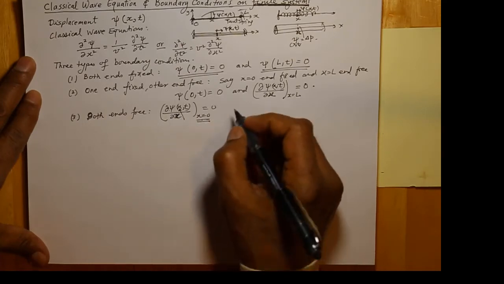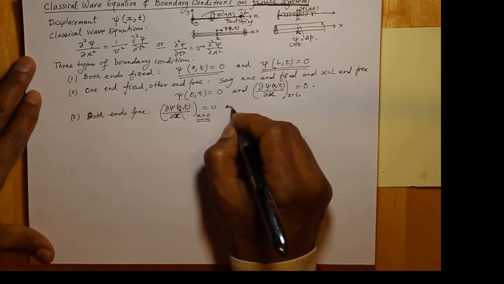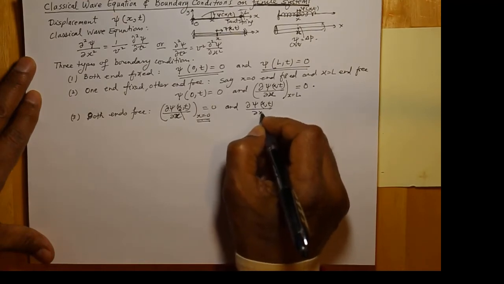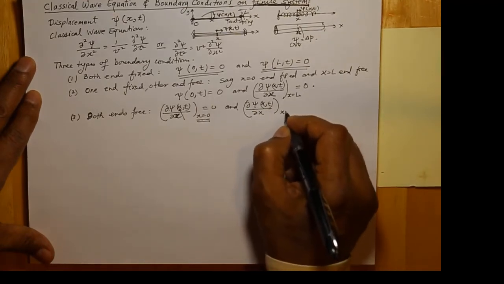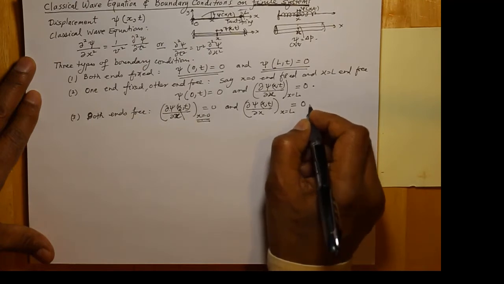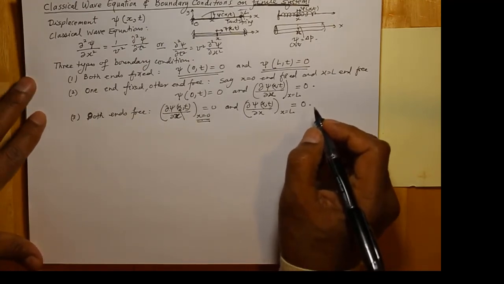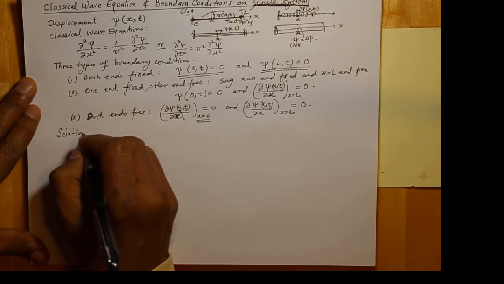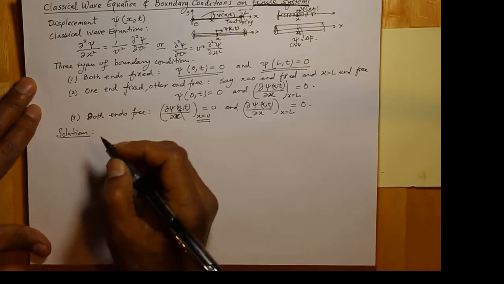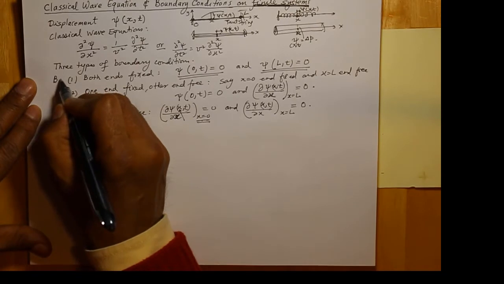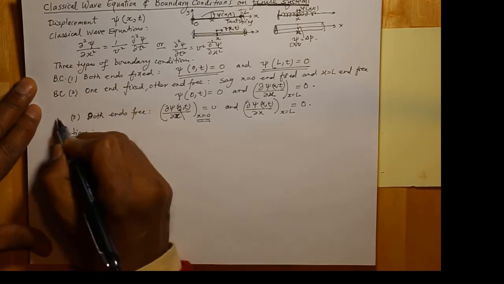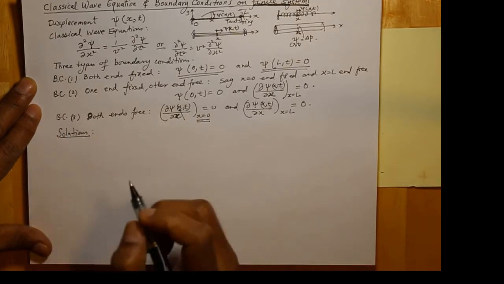Then we evaluate it: d psi(x, t) dx, evaluated at x equal to 0 and at x equal to L, equals 0. Okay, so what will the solutions look like? We can call them boundary condition type 1, type 2, and type 3.